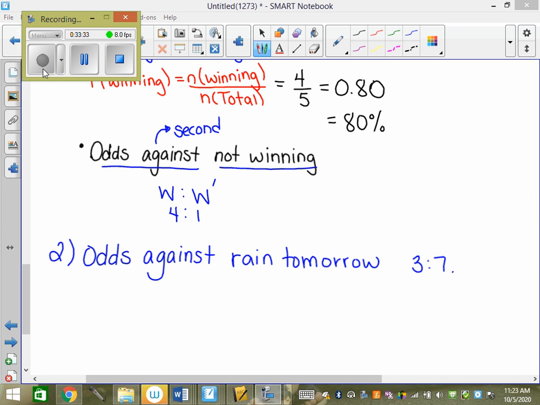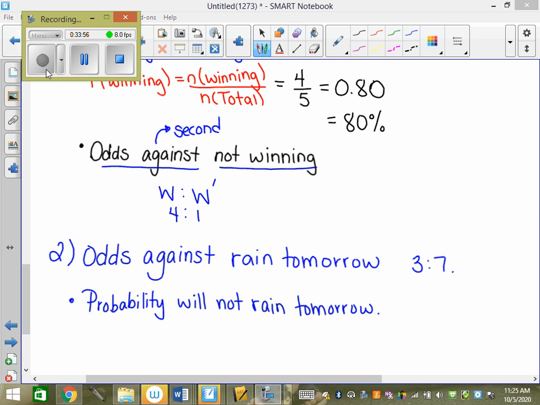Odds against rain tomorrow is 3 to 7. I want the probability it will not rain tomorrow. So the first thing we have to do is label, right?